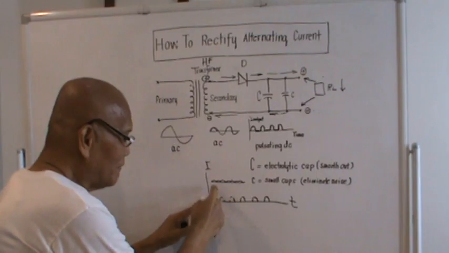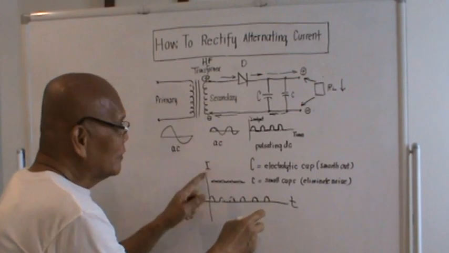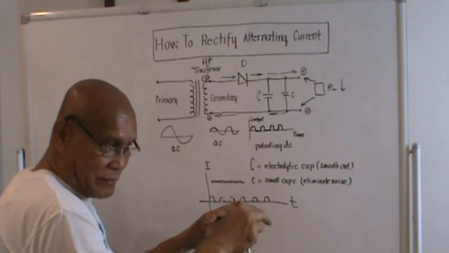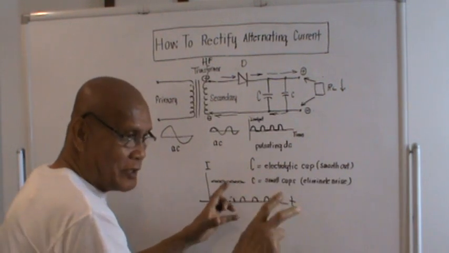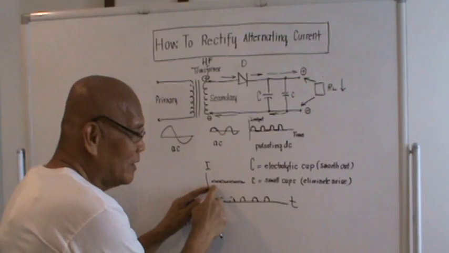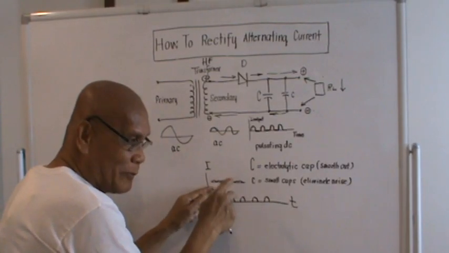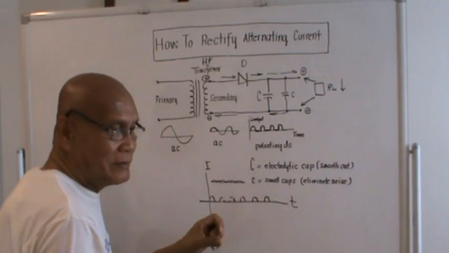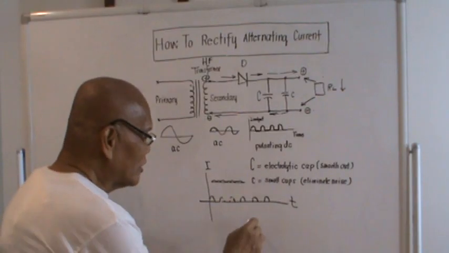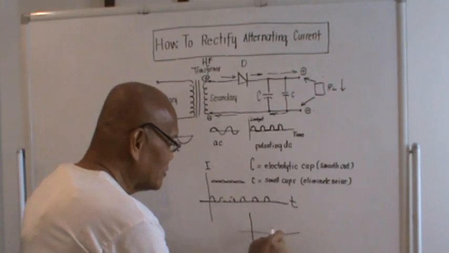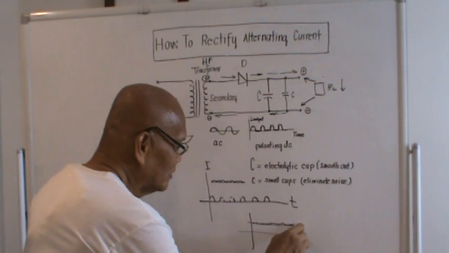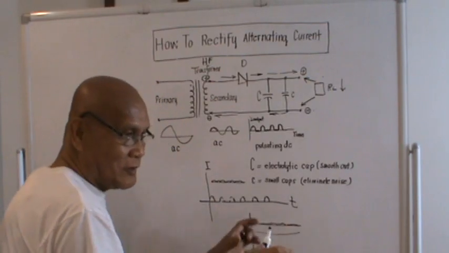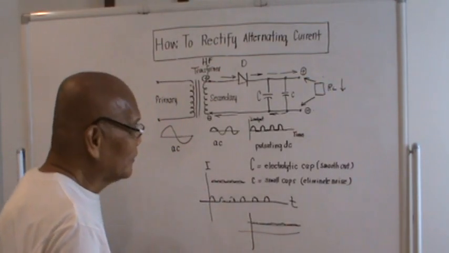Instead of a very big pulsations like that, if the frequency is very high, these pulsations, if you try to see it on the oscilloscope, the pulsations will be very negligible to the human eye. So it seems it's almost a perfect DC. Okay, because the pulsations will be very small like that. Okay, it's better for the digital circuit to operate.